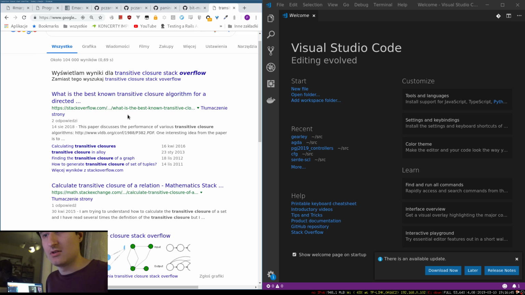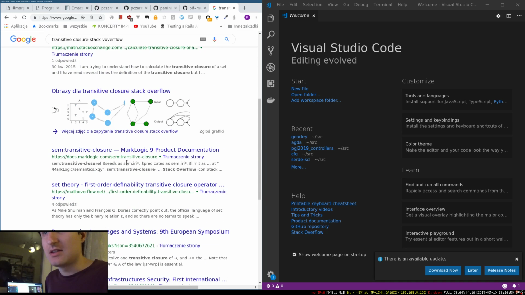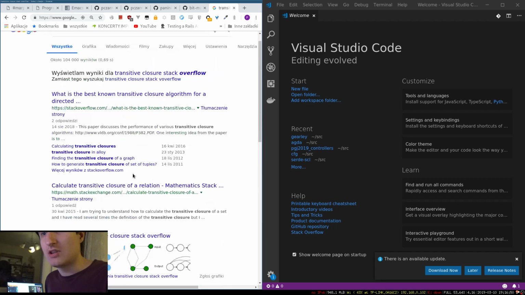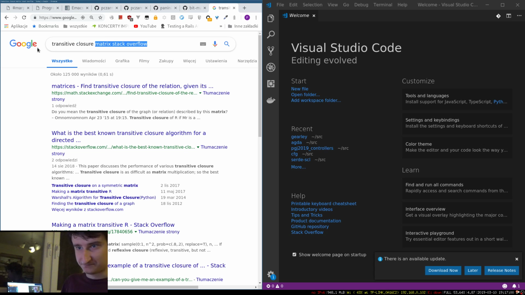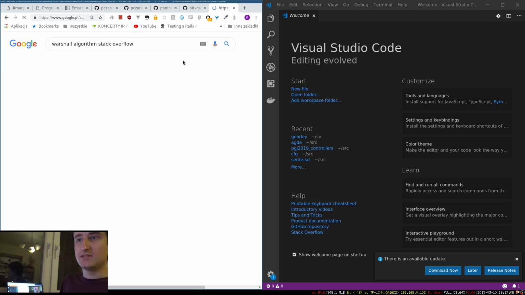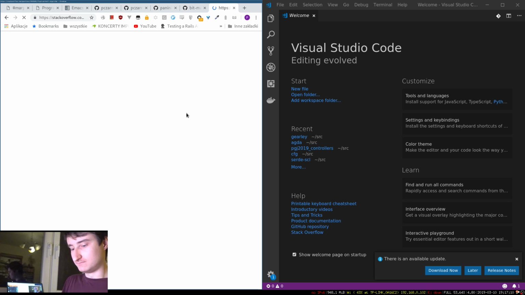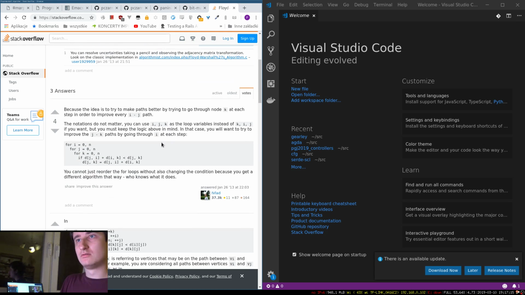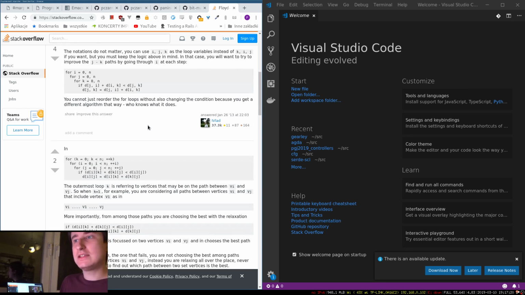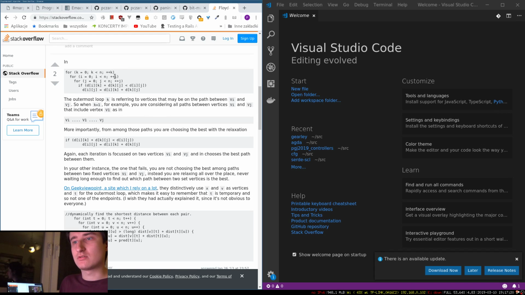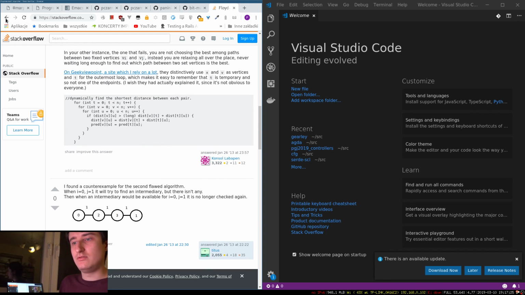What is a transitive closure? You can find it on the internet, or rather by looking for it for a relation. It has 3 nested loops for rows and columns.